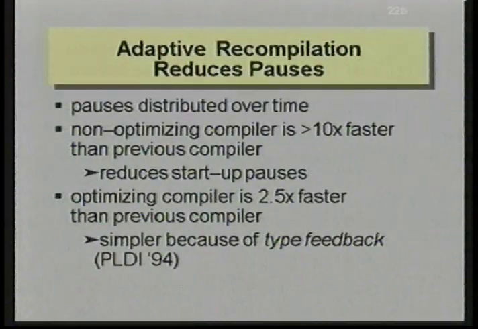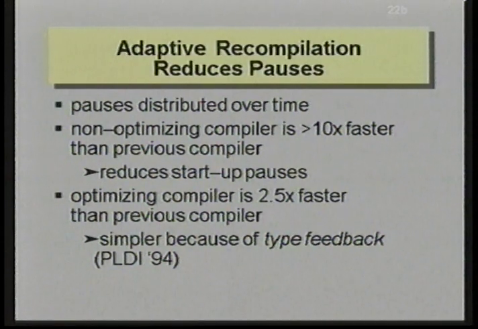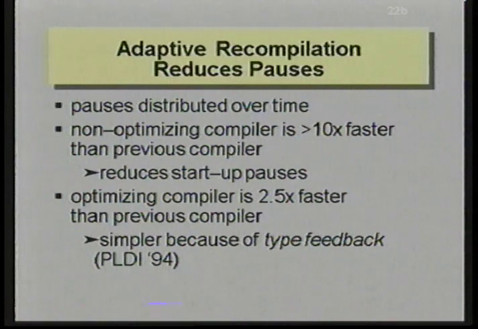Now, what can we do about this? What we did in Self 93 was to introduce adaptive recompilation. And the main idea here is to not always optimize everything, but only optimize the hotspots of the program. So only optimize when necessary. The first stage is exactly the same as in standard dynamic compilation.